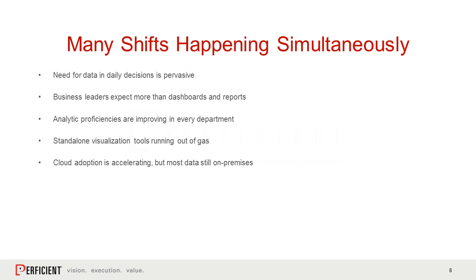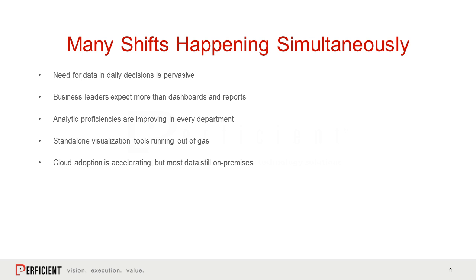IT is being challenged to provide the business what they want. Flexible analytics that meets the needs of many types of users is key. As business users are relying on tools and data, they're achieving higher levels of proficiency and therefore demanding more self-service analytics. Organizations, especially the business user community who had purchased a standalone data visualization tool, are now moving away from standalone data visualization tools that are not able to provide data governance, single source of truth, or enterprise-level security.